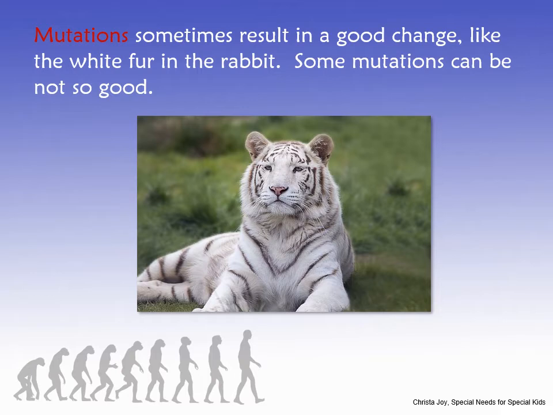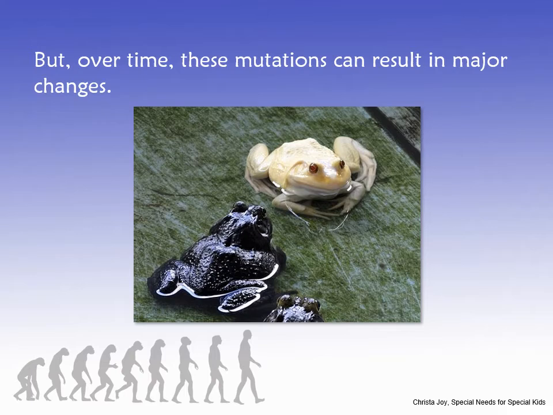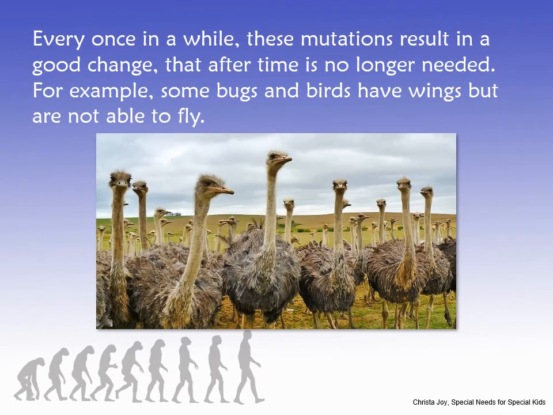Mutations sometimes result in a good change, like the white fur in the rabbit. Some mutations can be not so good. But over time, these mutations can result in major changes. Every once in a while, these mutations result in a good change that after time is no longer needed.